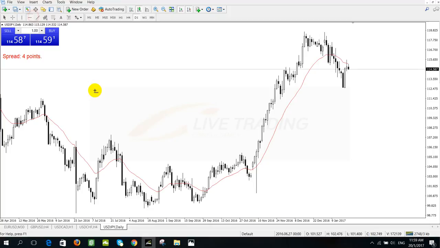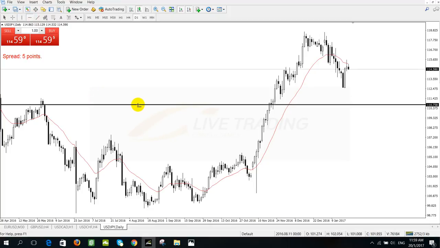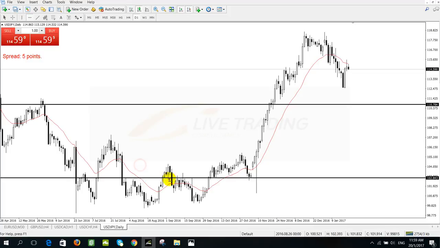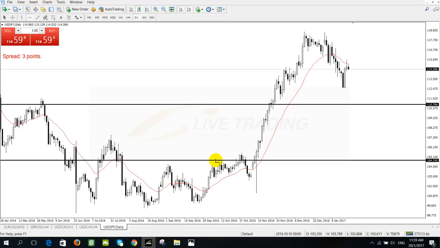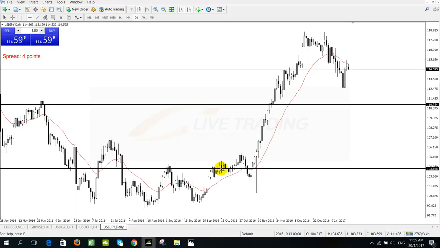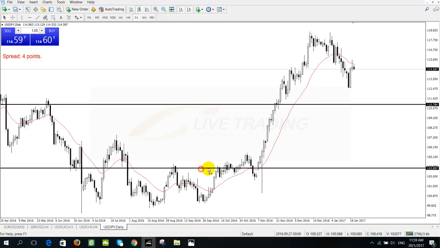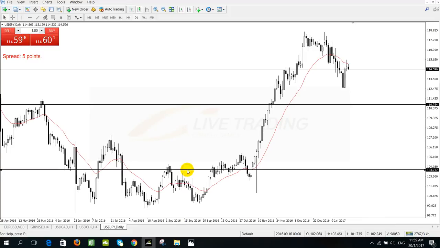And by looking at the key level, there's a key level here and there is a very valid key level over here.